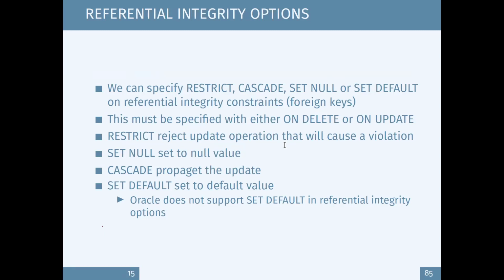Now, when we have foreign key constraints, there are a few things we need to set up. Let me explain this with an example. I hope you remember the database we had.